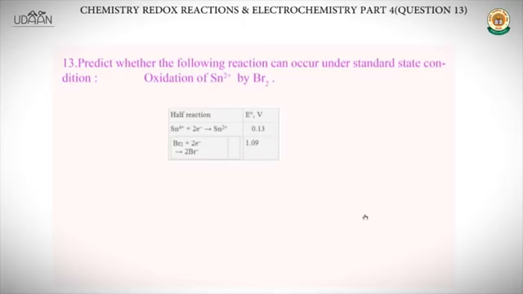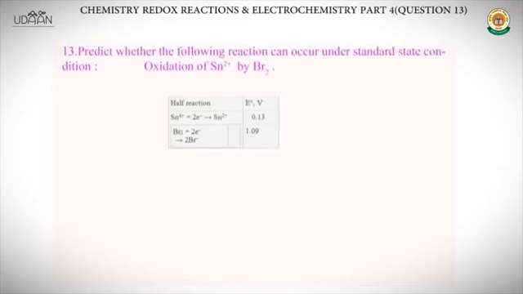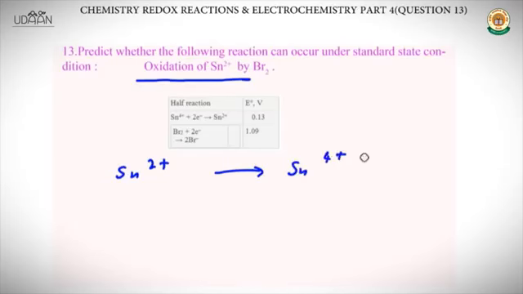Okay, first we'll write the half reactions and then we'll write the net reaction. Always write the half reaction first for clarity. Now it's written oxidation of Sn2+ by Br2. Hence, there is oxidation of Sn2+, so Sn2+ would be converted to Sn4+ plus 2 electrons. And if this is getting oxidized, the other substance should be reduced.